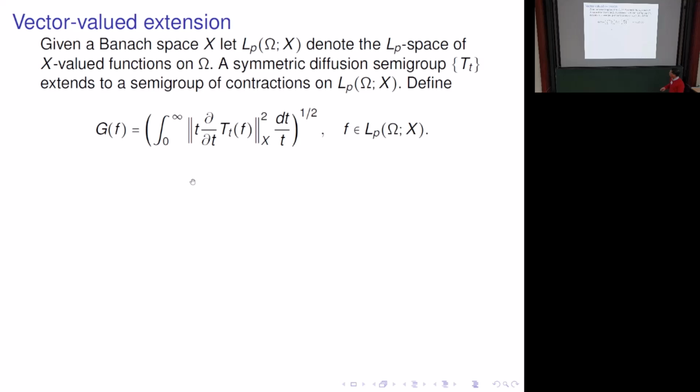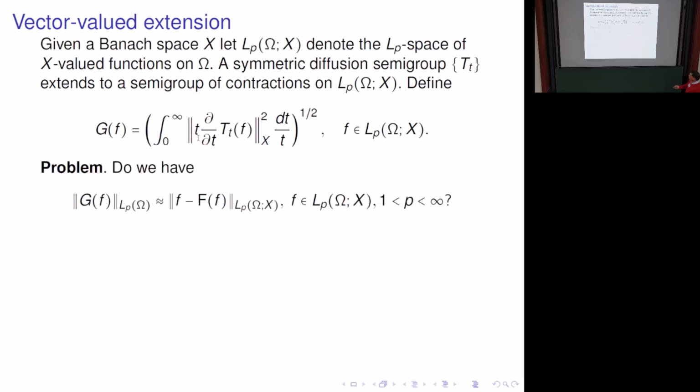So we still have a non-negative measurable function. So we want to compare again the L^p norm of this square function and the L^p norm of f for any f in the vector valued L^p space, for some p strictly between 1 and infinity, or for all p strictly between 1 and infinity.